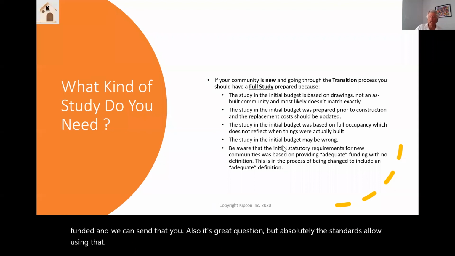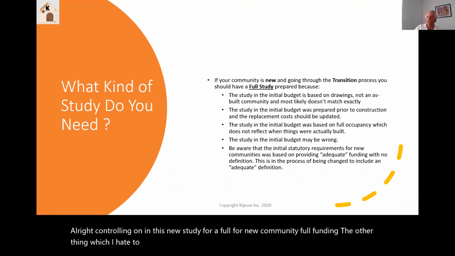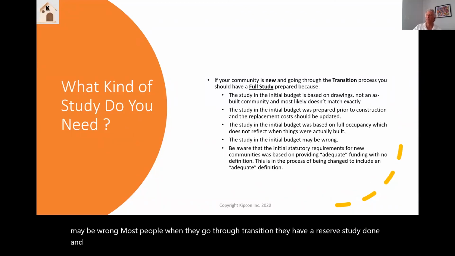All right, continuing on in this, a new study for a new community, full funding. The other thing, which I hate to mention, the fourth bullet point down, is the study in the initial budget may be wrong. Most people, when they go through transition, have a reserve study done. And in some instances, they say that the reserve study in the original governing documents was underfunded.